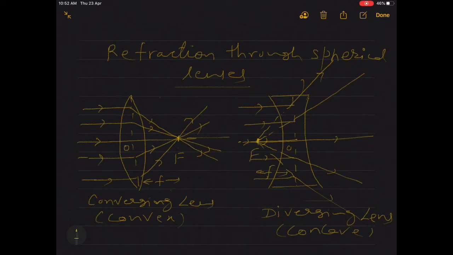Then we have one more important term related to these two lenses, and that is principal axis. The line joining optical center and focus is known as principal axis. So all these rays we have taken are parallel to the principal axis, and after getting refracted through these two lenses, they are converged and diverged respectively from the convex and concave lens.